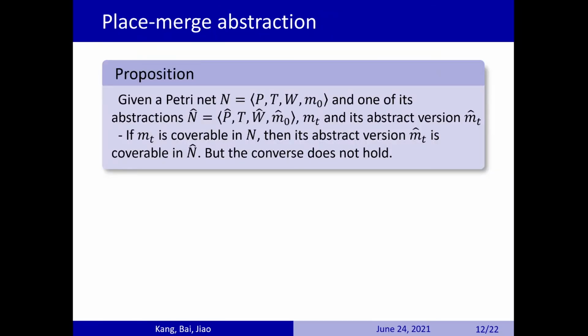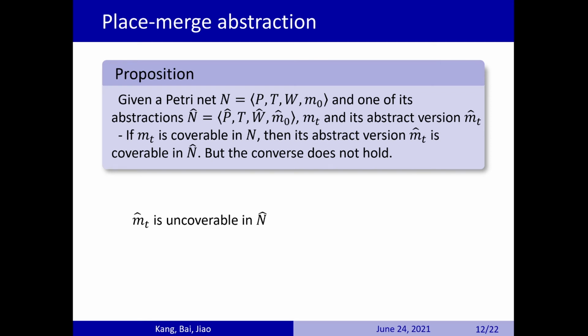After abstraction, we have this proposition. Given a Petri net N and its abstraction N hat, if target marking MT is coverable in N, then the abstract version of the target marking, MT hat, is also coverable in N hat, but the converse doesn't hold.